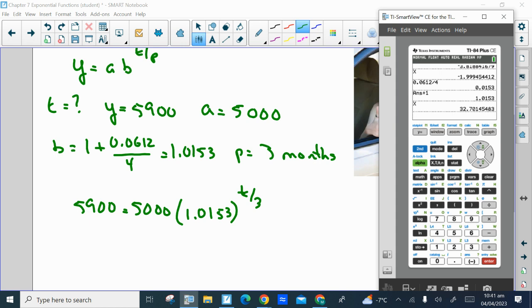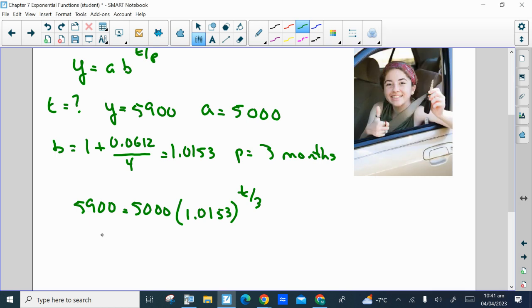So no matter what, you always will round these ones up to 33 months. And the reason it's months is because that is the unit that P is. P was in months, so T must be in months as well.